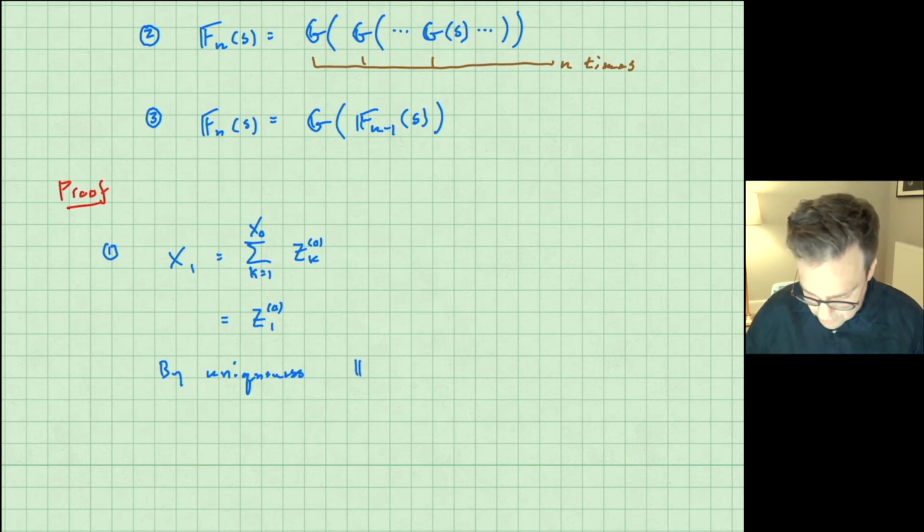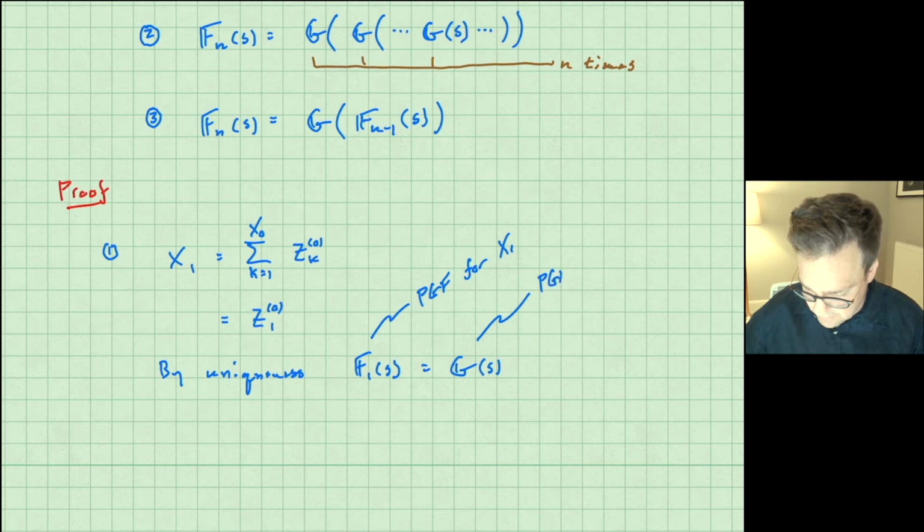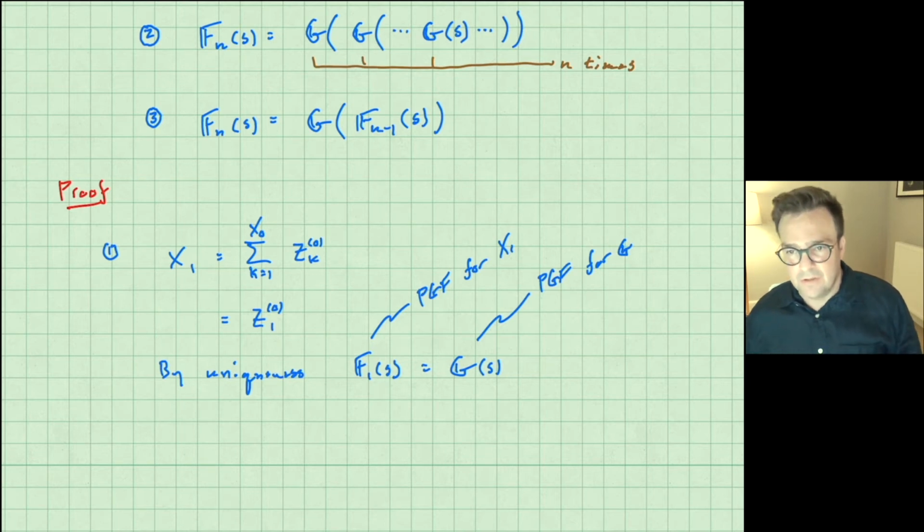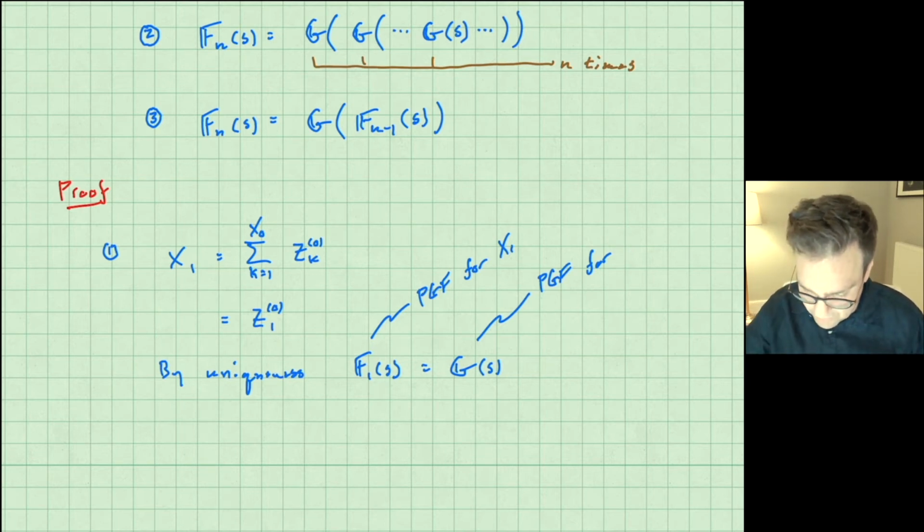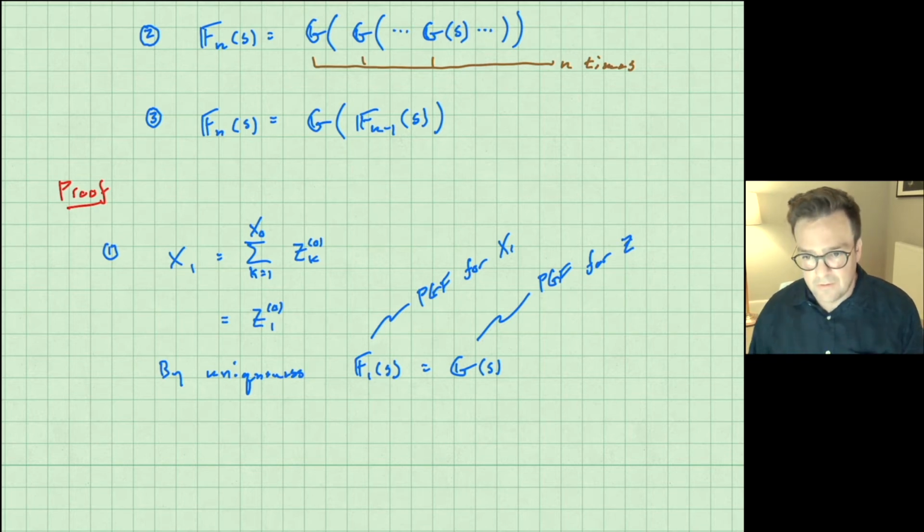So F1 of S has to be the same as the probability generating function for Z1, which is just G. This is the PGF for X1, and this is the PGF, not for G, sorry, for Z, for any of the Z's. And so these guys are the same.